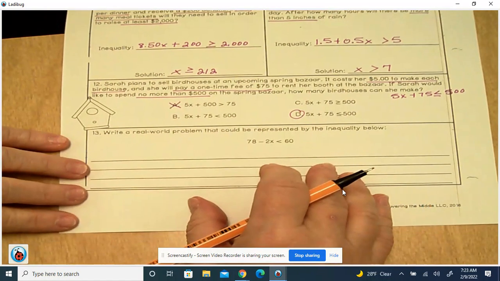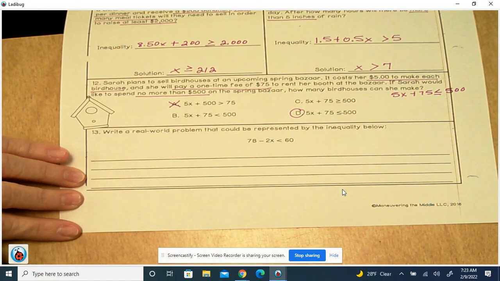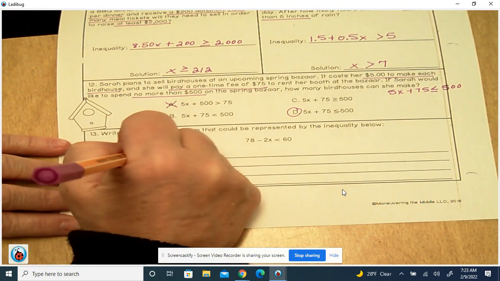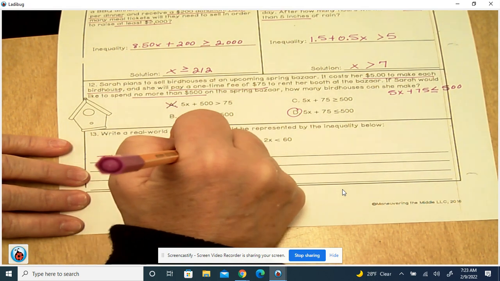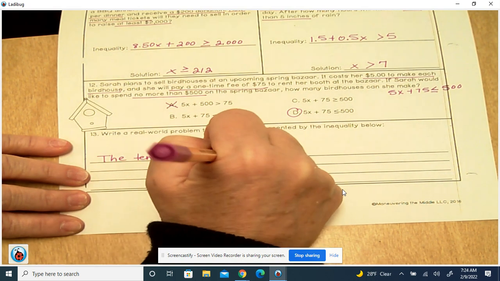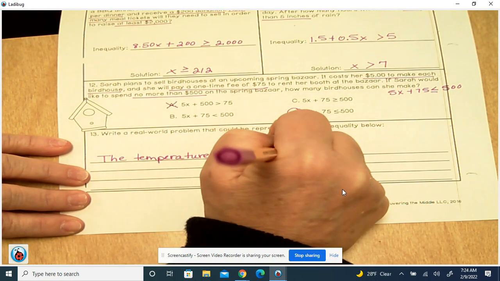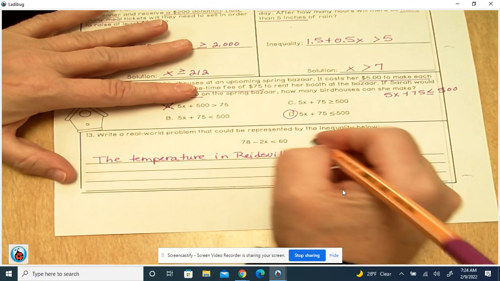And then the last one, write a real world problem that could be represented by the inequality 78 minus 2x is less than 60. Okay. The temperature in Reedsville is 78 degrees.